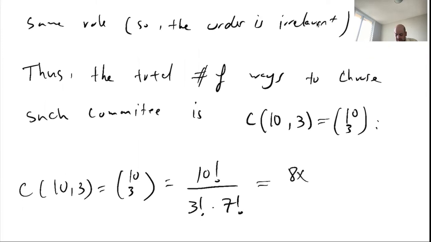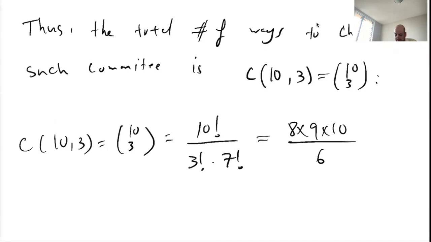And that's 8 times 9 times 10 divided by 6. I can simplify this as 4 times 3 times 10, which is 120. So our total number of ways this time is less. In fact, it's 1/6 of the previous case where the order was important.